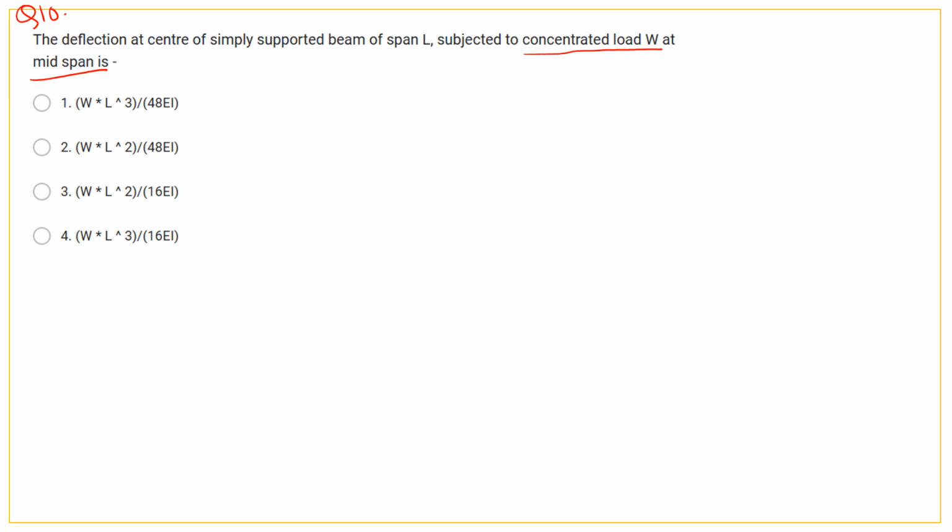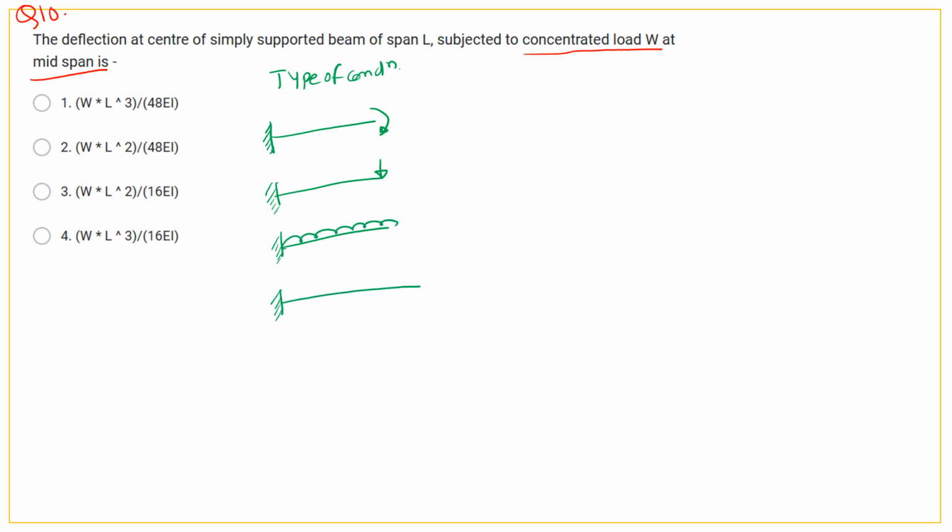First is a cantilever beam with a moment at its end. Second, cantilever beam with point load. Third, cantilever beam with UDL. Fourth, cantilever beam with uniformly varying load, UVL.